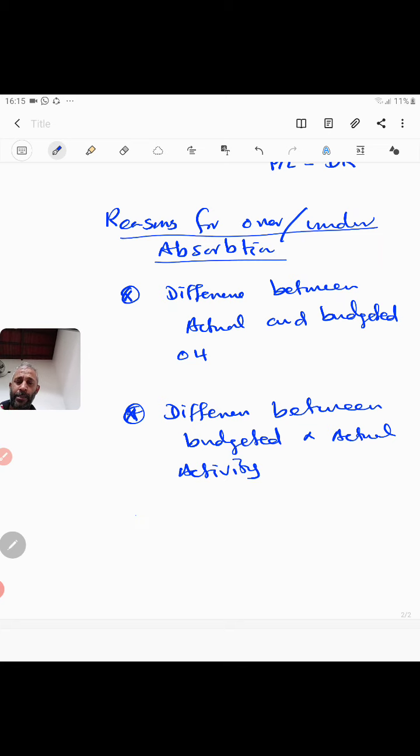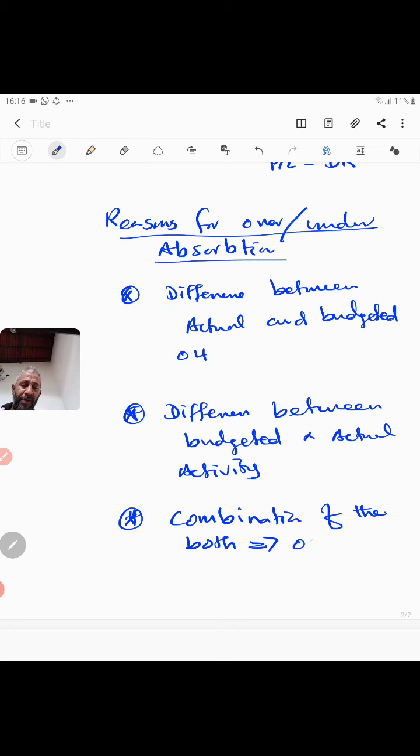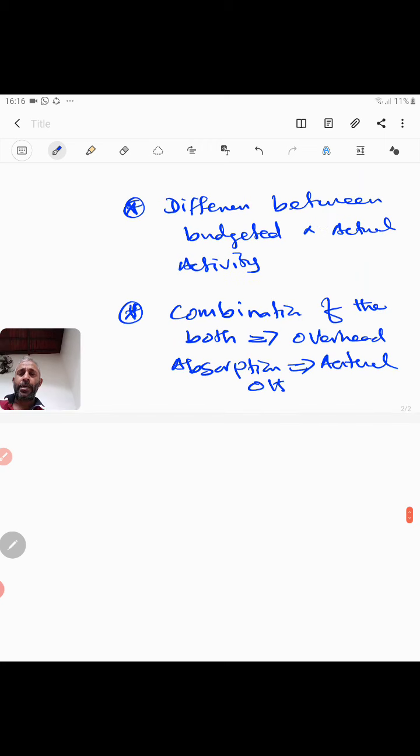That's another reason. And the third one, a combination of both, which will lead you to a different calculation for overhead absorption, which you can compare with actual overhead. So these are some of the reasons.